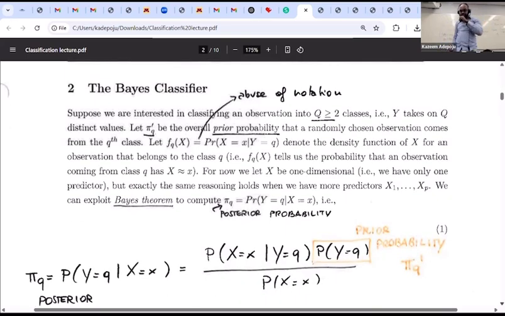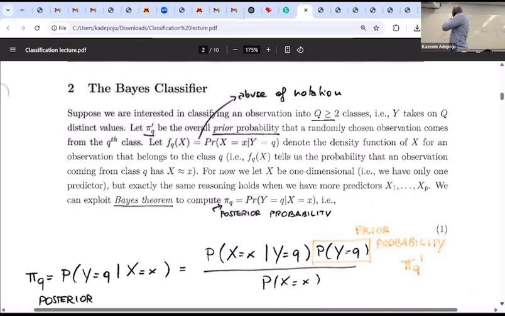I want to welcome you to the Bayes classifier. Now, why is it called a Bayes classifier? It's called a Bayes classifier because we're going to use the idea of Reverend Thomas Bayes, 1759. We're going to use the idea of Bayes rule. And I need you to pay attention.